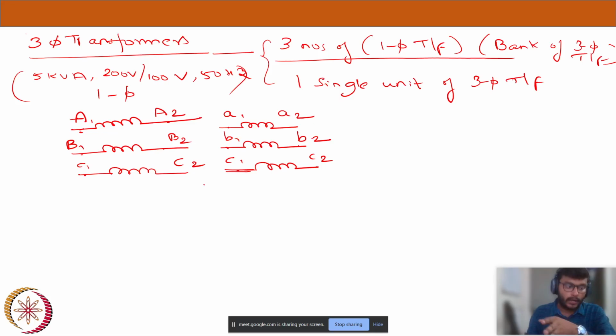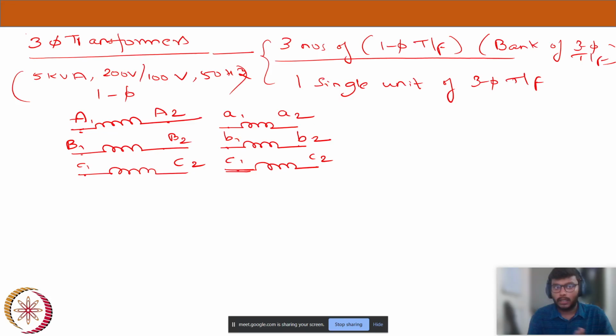Now one more important thing is to mark the dot polarities on each side. Polarity marking is very important for a transformer, because we need to know where the current is entering and where the current is leaving. We already discussed how to get the polarities: we do a simple polarity test and see where the current is entering and leaving.